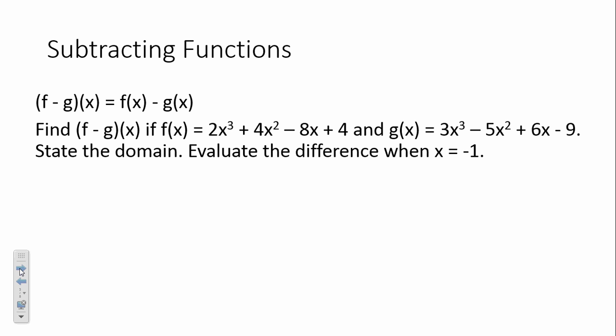We have to be careful about our signs, though, so that we make sure we distribute that negative through to everybody. So if this is my f of x, and this is my g of x, what's my equation going to say? Or how am I going to put them together if I'm supposed to subtract them?